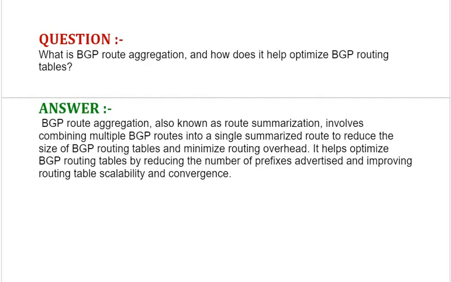Our next interview question is: what is BGP route aggregation and how does it help optimize BGP routing tables? Your answer should be: BGP route aggregation, also known as route summarization, involves combining multiple BGP routes into a single summarized route to reduce the size of BGP routing tables and minimize routing overhead.